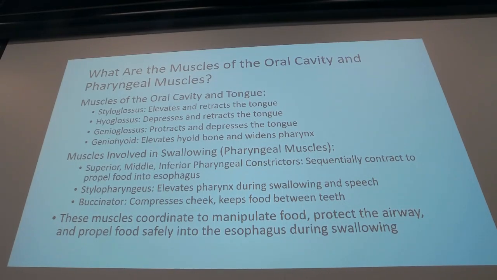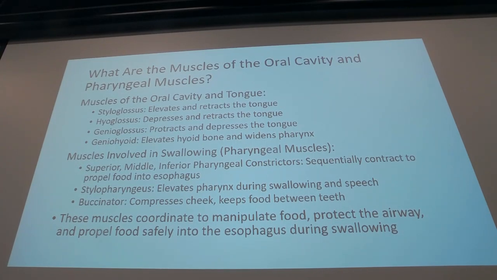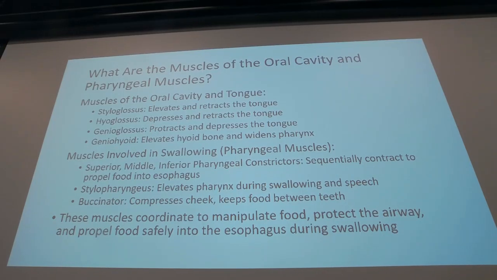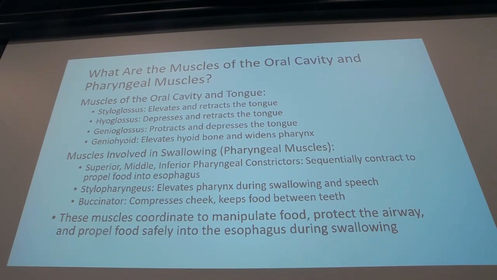So it helps us to swallow and produce speech. So stylopharyngeus elevates the pharynx during swallowing and speech, and then the buccinator, which we saw before, compresses the cheek to help us to bring the food into the oral cavity.